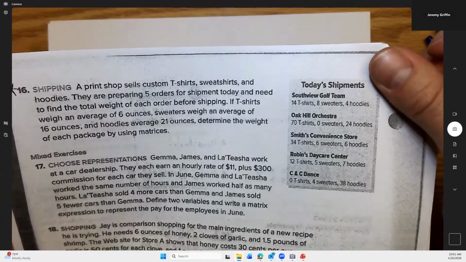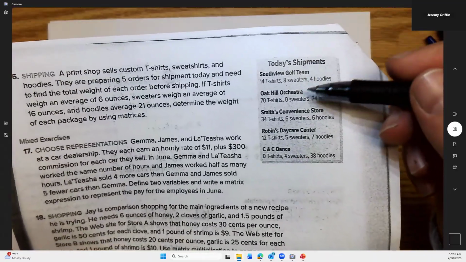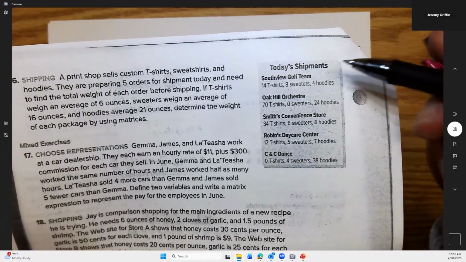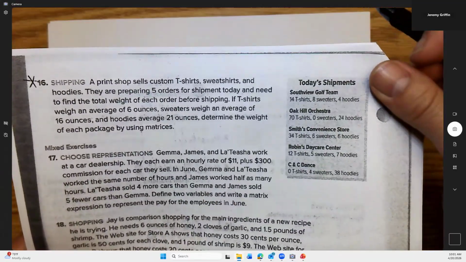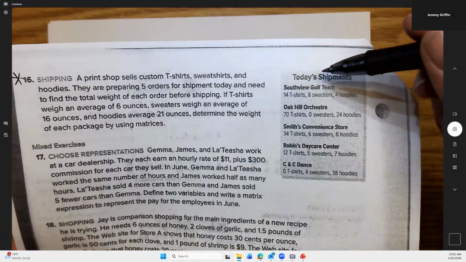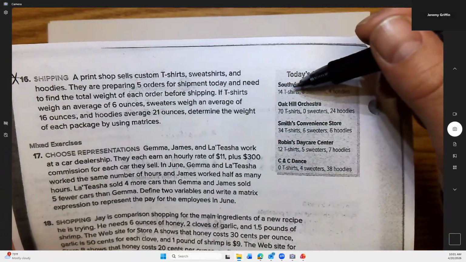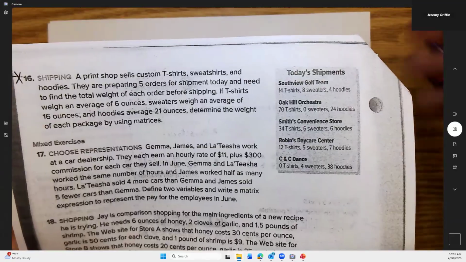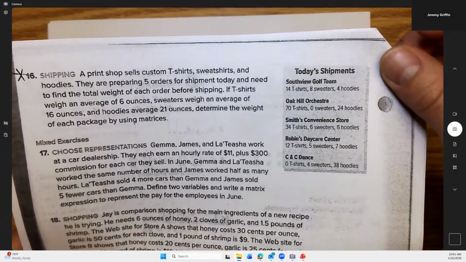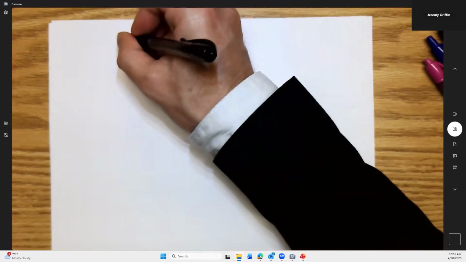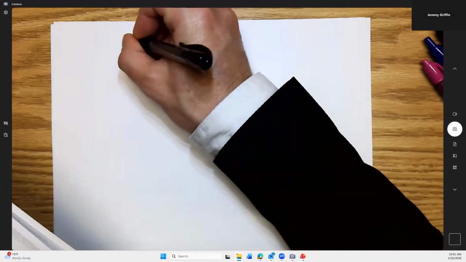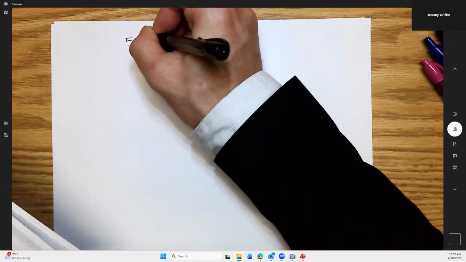So it looks like we have these 5 different orders. So that should be 5 different packages, shouldn't it? Each of these orders has different numbers of shirts, sweaters, and hoodies. So 5 orders, different numbers of hoodies. Guys, could you create out of that a 5 by 3 matrix?